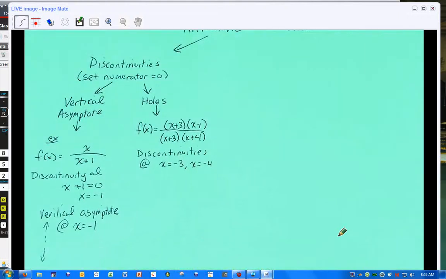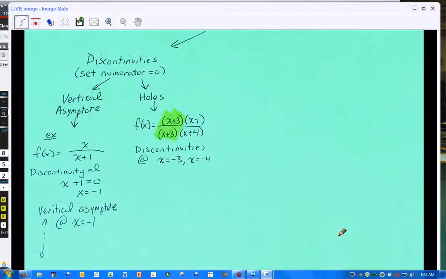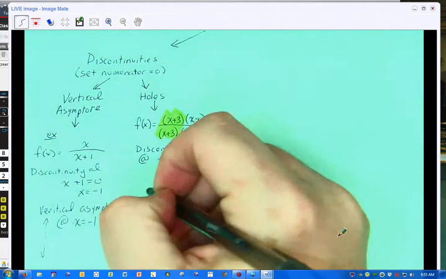But the main difference between an asymptote and a hole is when you have factors that can divide out, as we do with this, this is going to be a hole in the graph.